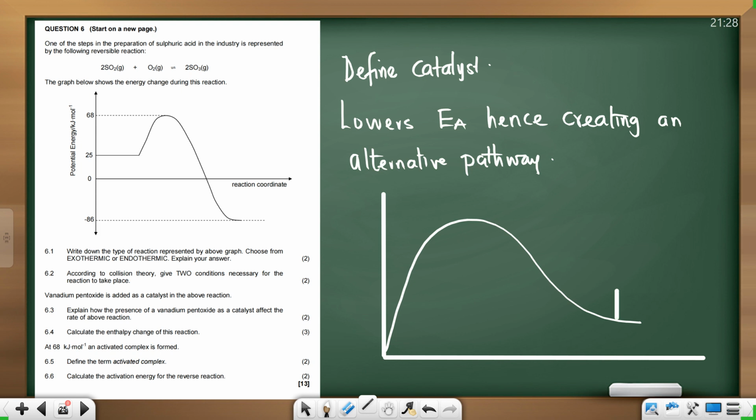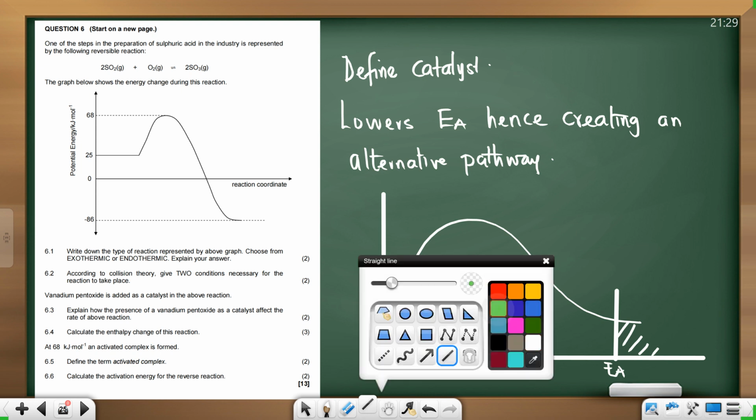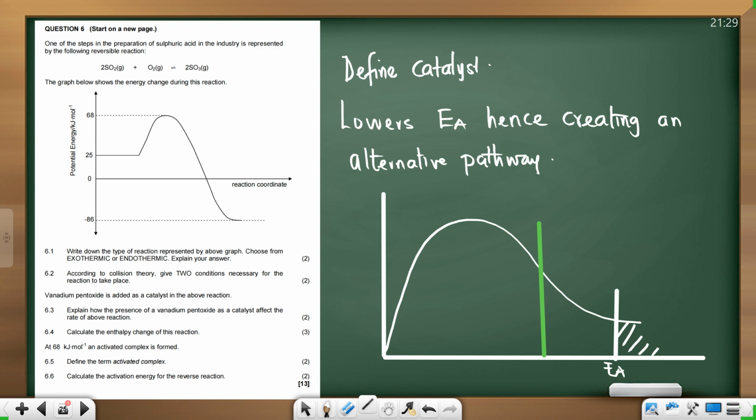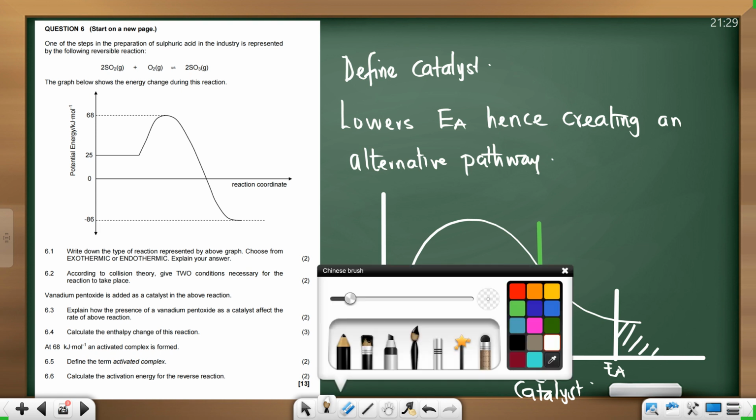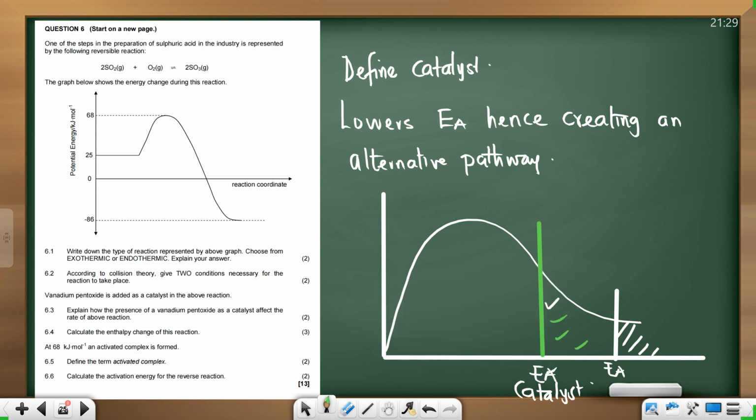All right, so this is what we have. Normal activation energy here. These are the particles that will react. But when I have a catalyst, it will reduce the activation energy and bring it backwards. So this is EA of catalyst. All of these particles will now react, so there are more particles.